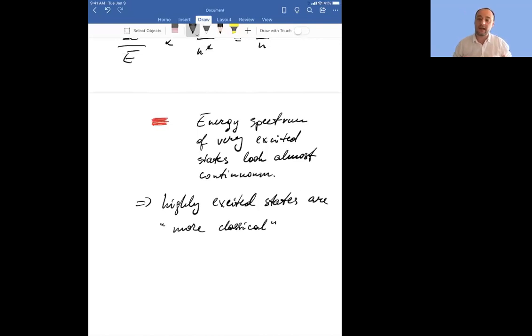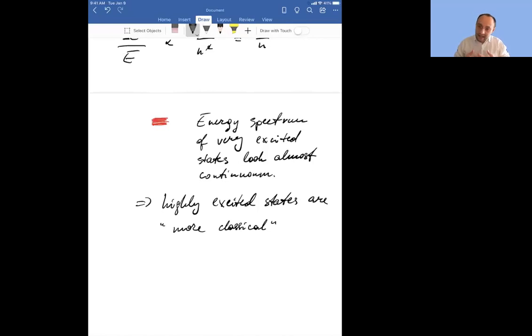Well, we're very energetic objects. When I walk down the street, my energy is not measured in electron volts, it's measured in joules, which is many orders of magnitude more than electron volts. So this somehow matches the intuition that things that are very energetic should behave classically.